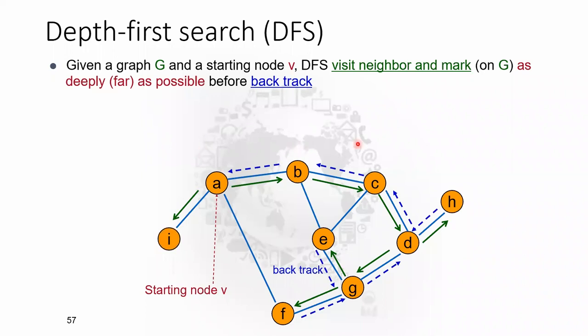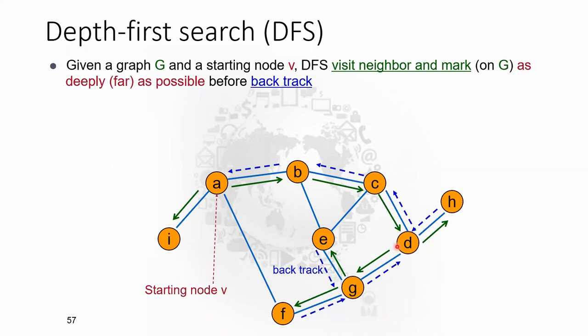So what happens here when doing depth first search is that it will go as deep as possible. When it cannot move any further, it will backtrack. Every time it backtracks, it checks whether there are any nodes that have never been traveled before.